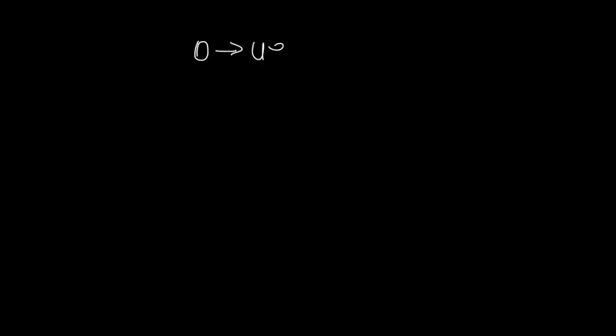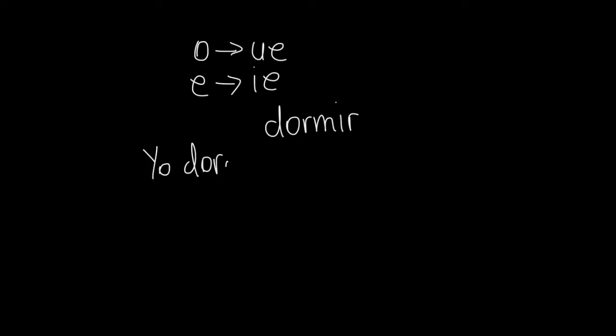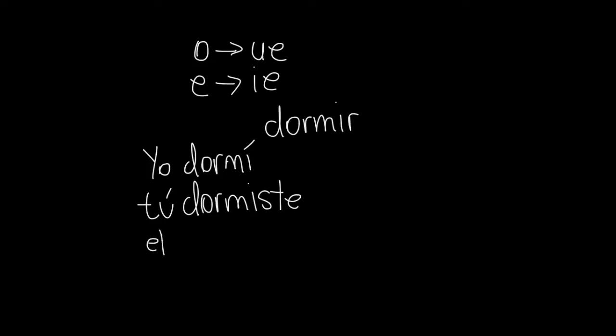But what happens when a verb has a stem change from o to ue or from e to ie and ends in -ir? Let's take a look at the verb dormir. In the form of yo, it will be dormí, tú dormiste, but in the form of él, ella, and usted, it will be durmió.